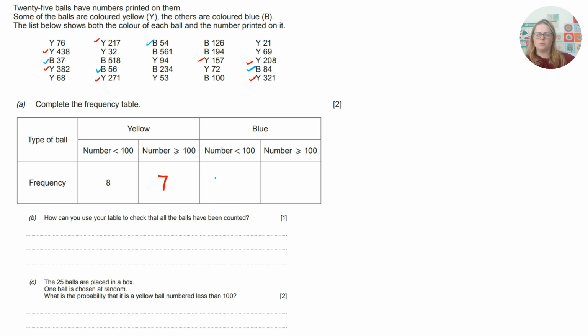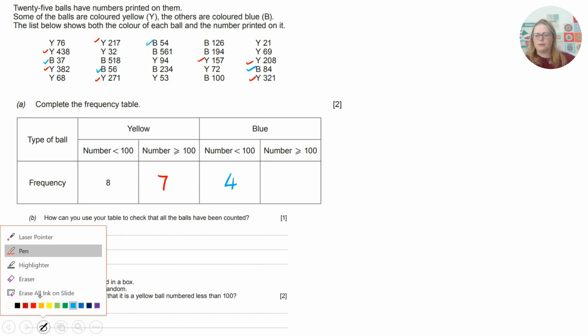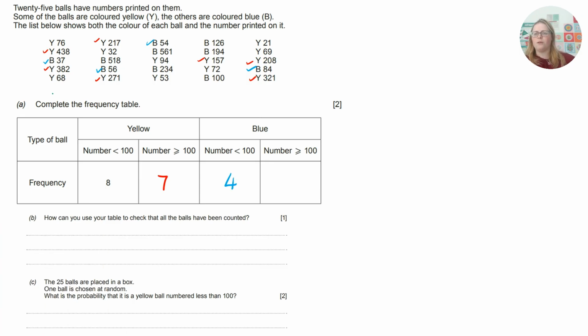Can't see any more. I'll write 4 there. And then my last one, I'm looking for blues that are over 100. So 1, 2, 3, 4, 5, 6, and that should be that.